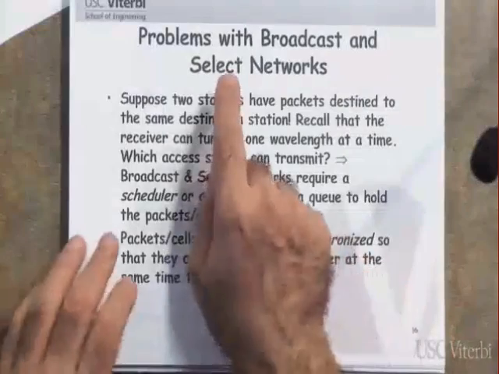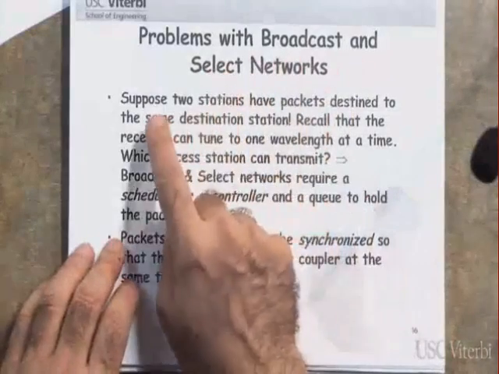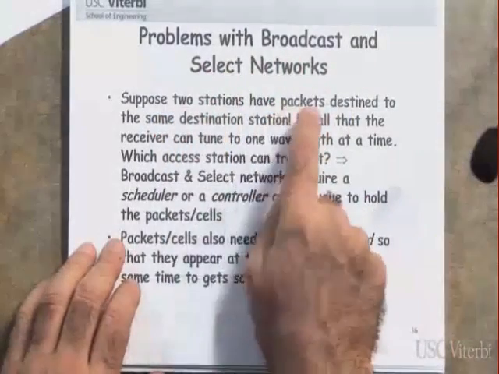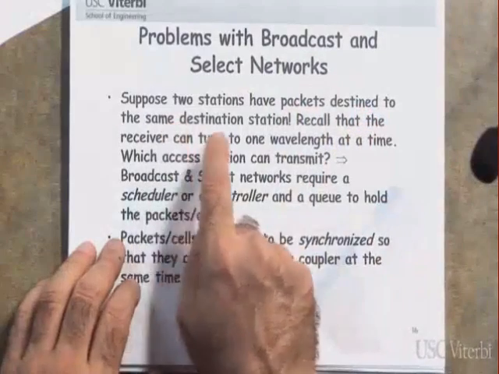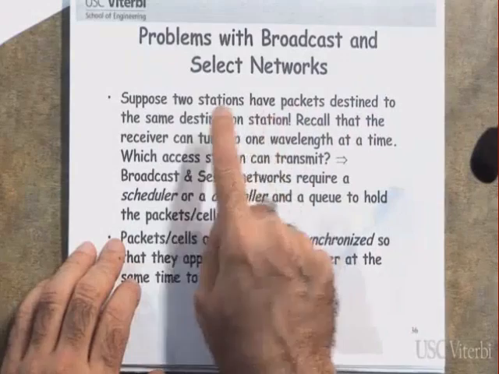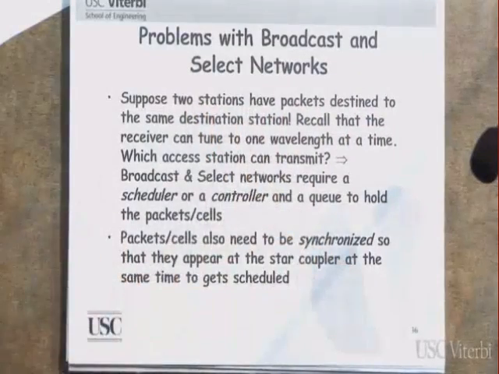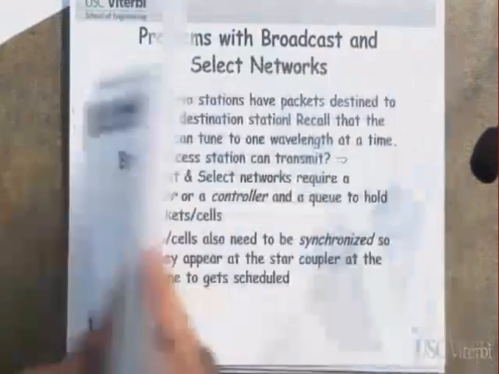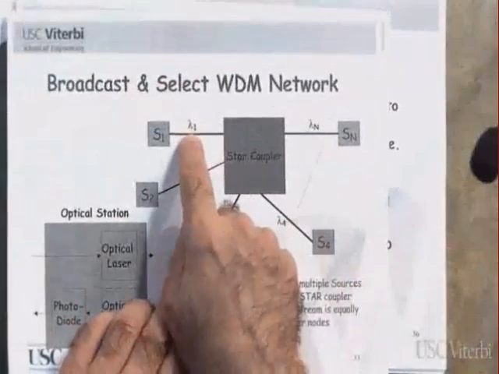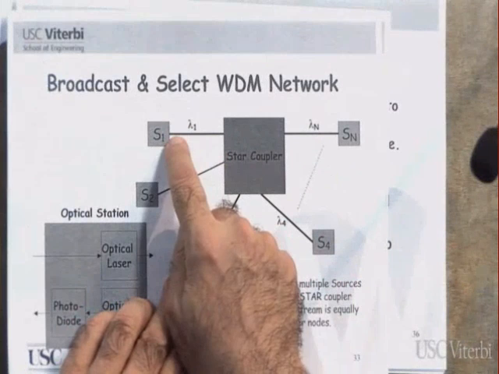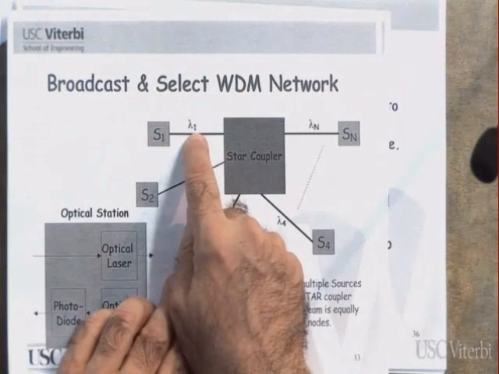The third problem is the following, with the broadcast and select. Suppose two stations have packets destined to the same destination station. This one is going to modulate the information over lambda 1.